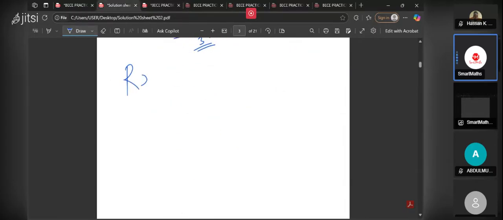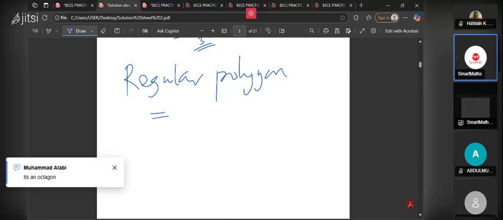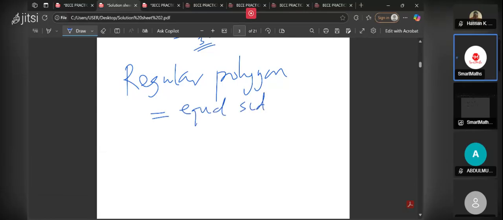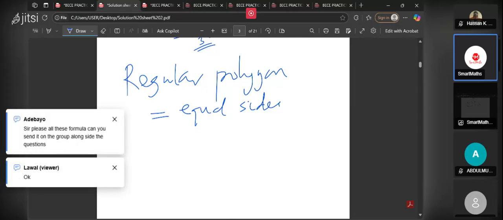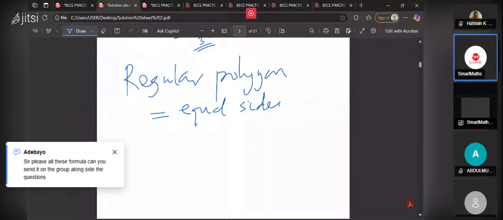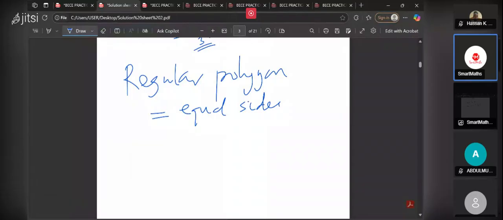When we say a regular polygon, it means a polygon that has equal sides and equal angles.